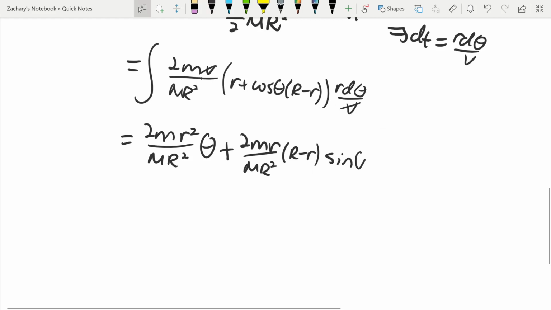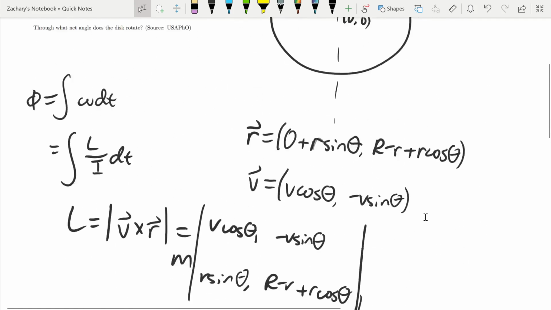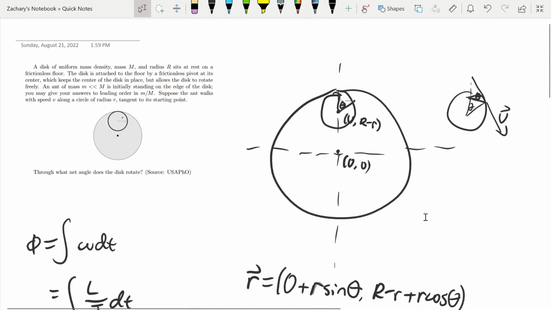And it's not an indefinite integral. We're integrating from 0 to 2 pi, because we can see that the ant goes around the circle once, so theta goes from 0 to 2 pi.